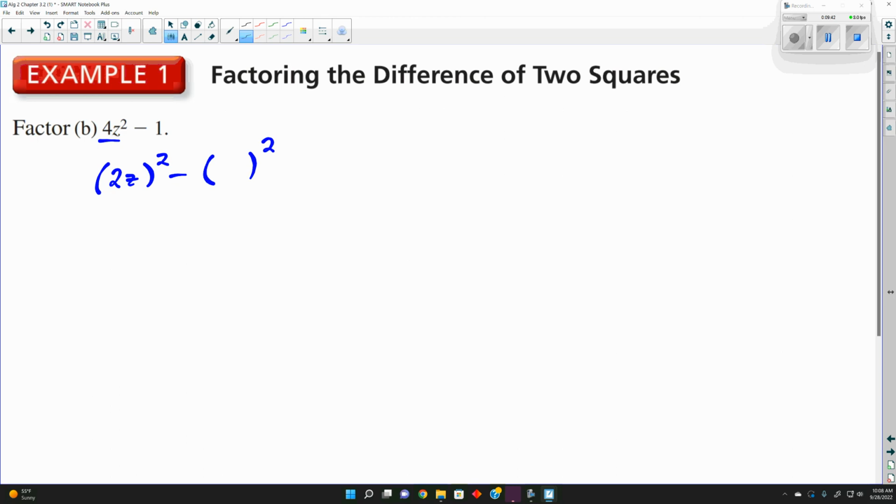Now what times itself is 1? 1. So here our a is 2z, our b is 1. So we could say that this factors 2z plus 1 times 2z minus 1.